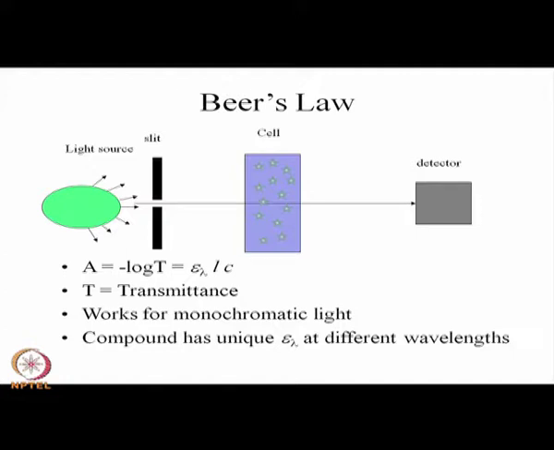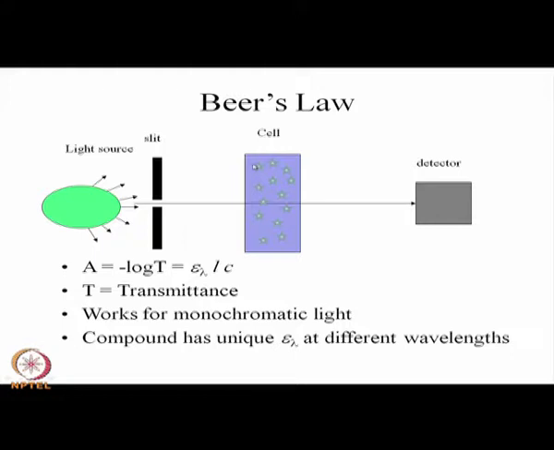You have a light source and a slit. The light is coming out of this source, like maybe a tungsten halogen lamp or a deuterium lamp. Then there is a slit which controls the number of photons that should be allowed to fall onto your cell.